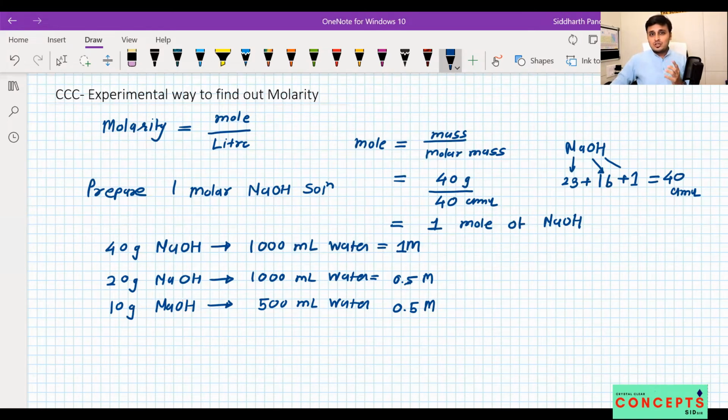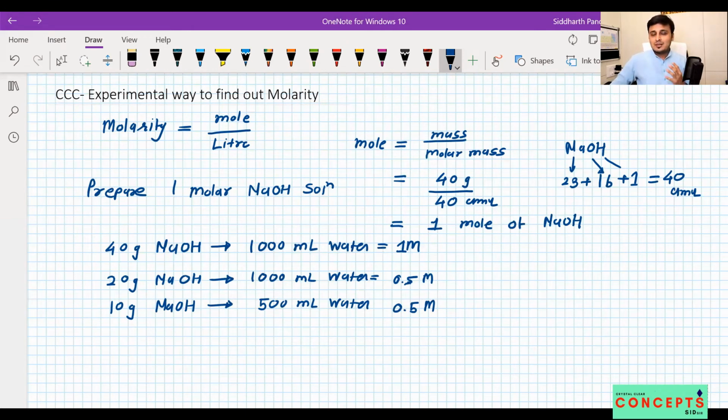If you want to change the molarity, then whatever the molarity you are going to take, according to that, you have to reduce the mass but keep the volume constant. If you want to change the volume, then also you have to keep the molarity constant and reduce the mass accordingly.